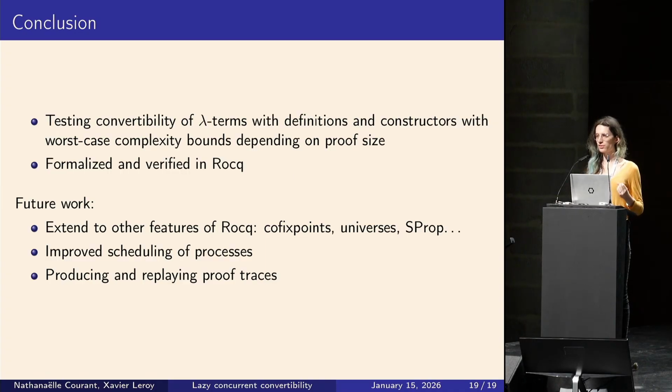It is formalized and verified in Coq, and in the future we plan to extend it to other features of Coq, such as cofixpoints, universes, SProp, and so on. We think we can get slightly better complexity bounds by improving the scheduling of processes. And we also want to produce proof traces and replay them to be even more efficient when checking the proofs. Thank you for your attention.